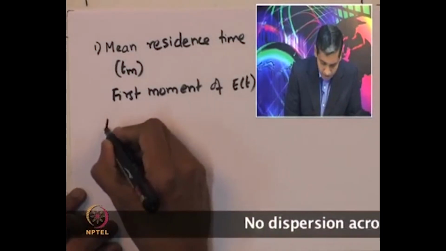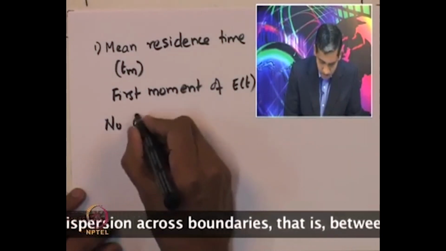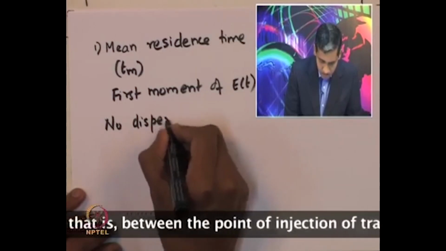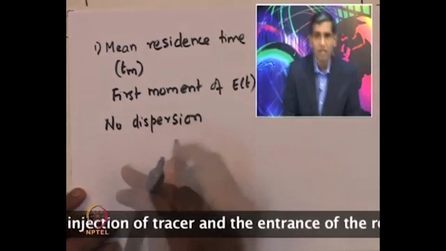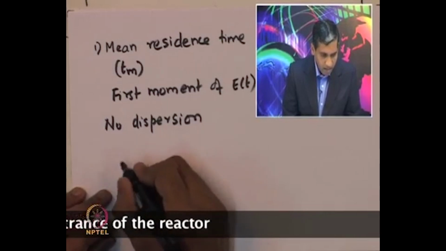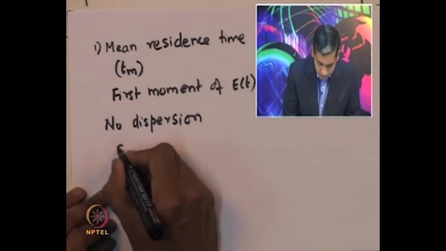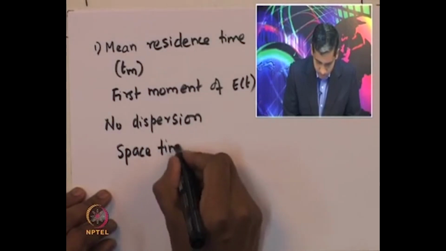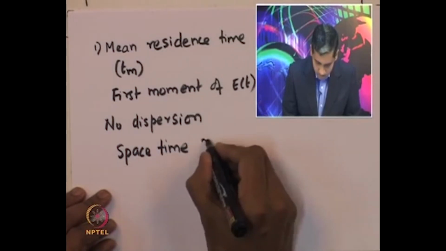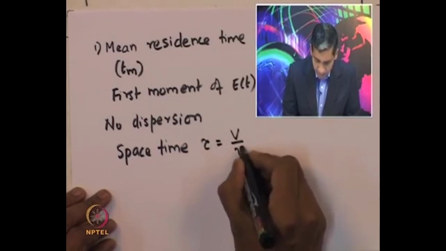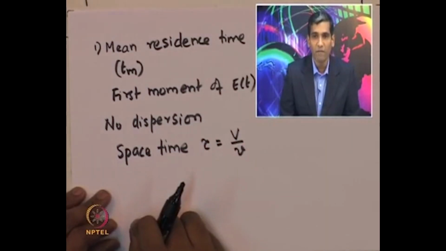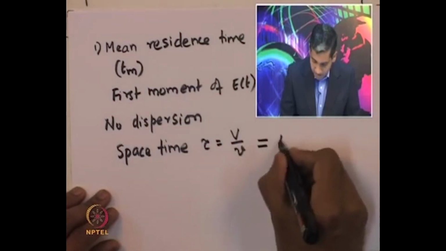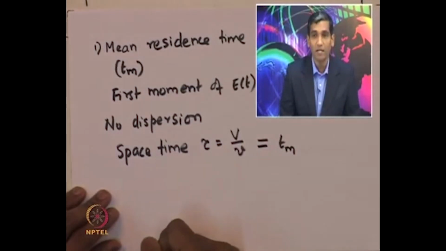When there is no dispersion across boundaries, that is between the point of injection and the entrance of the reactor, the space time, that is tau, which is equal to V by the volumetric flow rate with which the fluid is flowing through the reactor, is equal to the mean residence time itself.